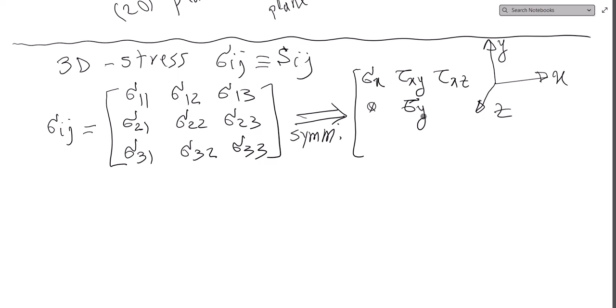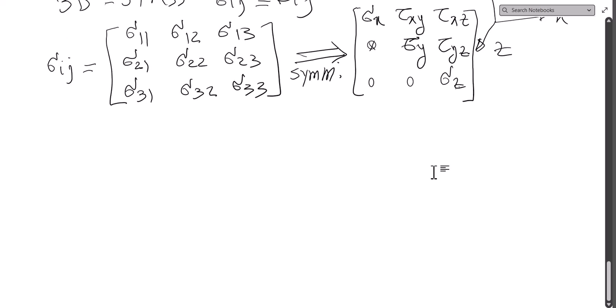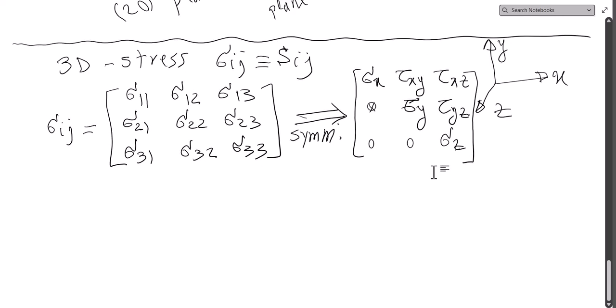Then it is sigma y, tau yz, and then symmetry again, and sigma z. Again, if you don't have symmetry, big deal, we can apply the same thing. So I will continue with these notations.